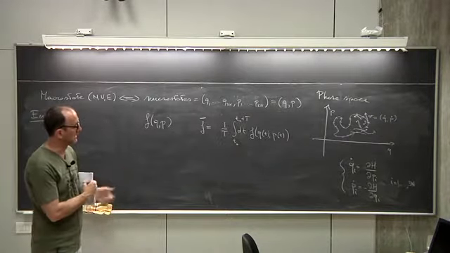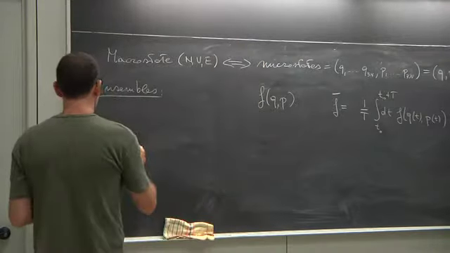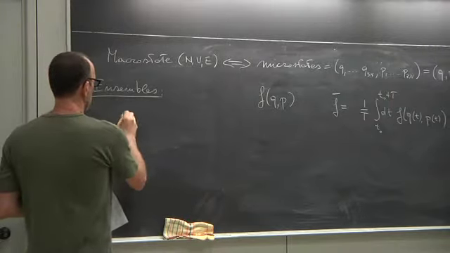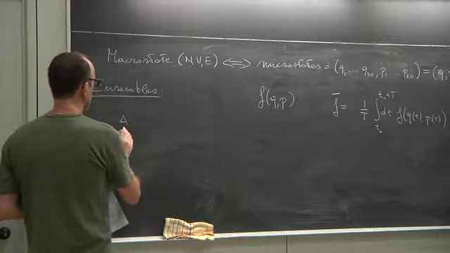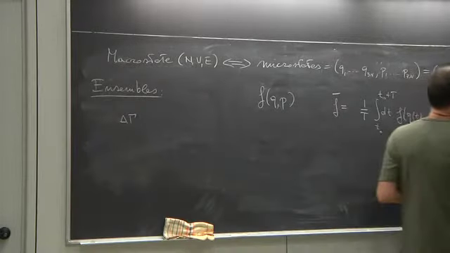Now, in order to be more precise, you want to define how many. This phase space is typically called gamma.